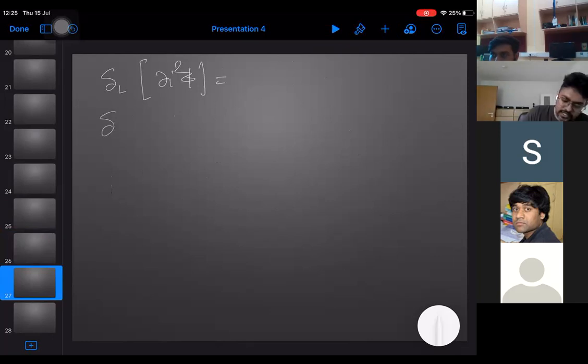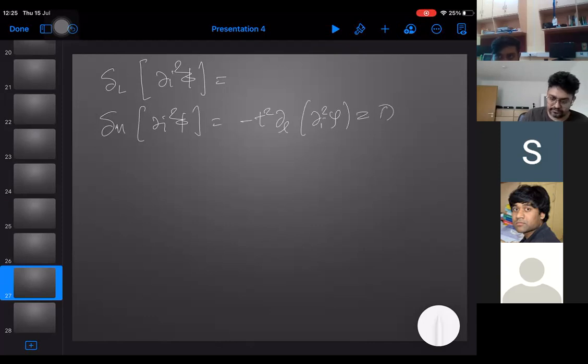And similarly for the M, del_i square phi. This is a field theory which I'm trying to say. So over here it is just minus t square del_L acting on del square phi is equal to 0. Similarly for this state, for the L_n, if you try to do that, you will get something like this.